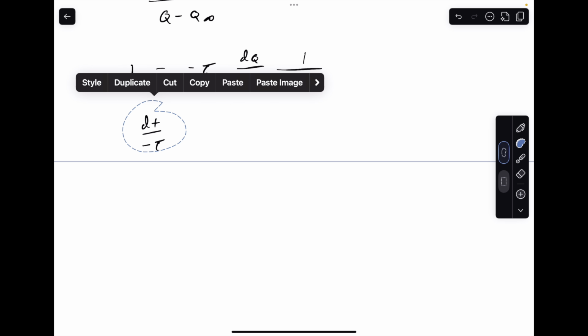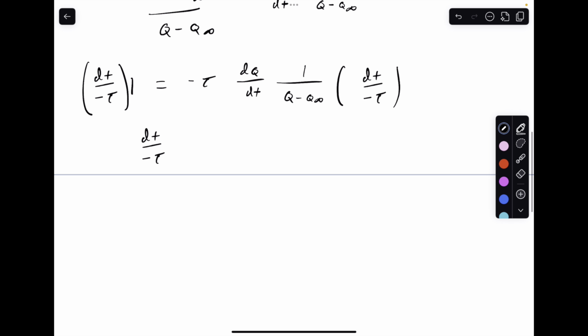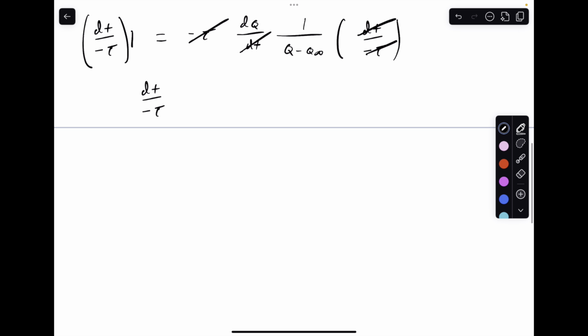This would be a hassle, but I'm just going to copy paste to both sides. This looks a little bit large, but I'll just walk you through it. This negative tau will cancel with this, dt will cancel with this, and I'll get that this new equation turns into dt divided by negative tau is equal to 1 over q minus q infinity dq.